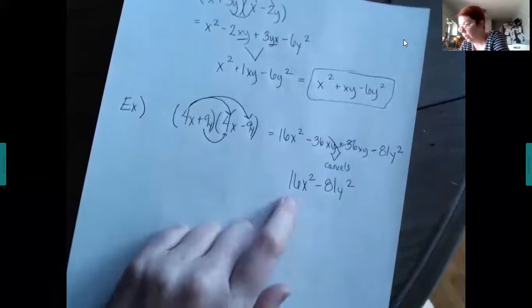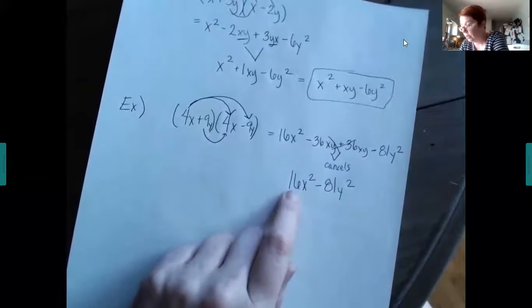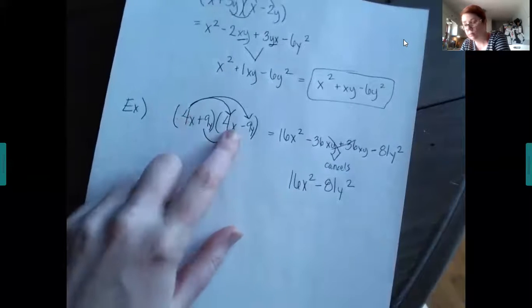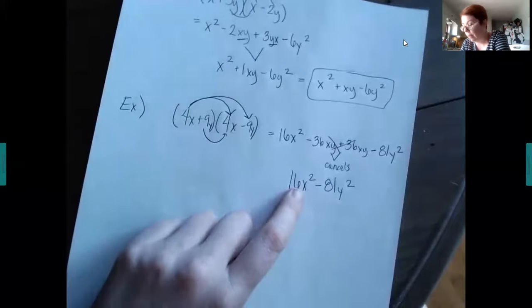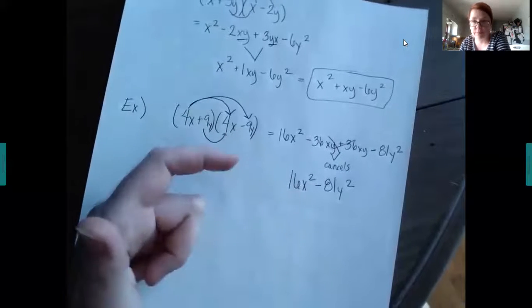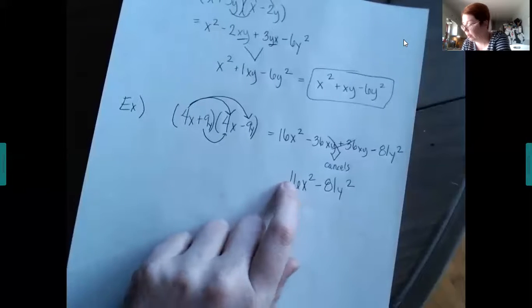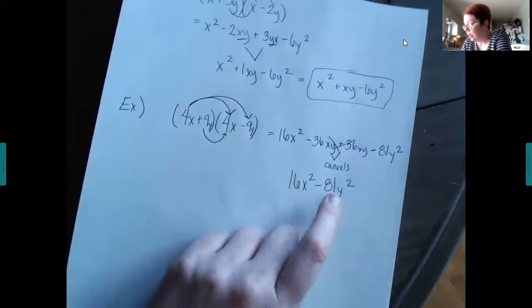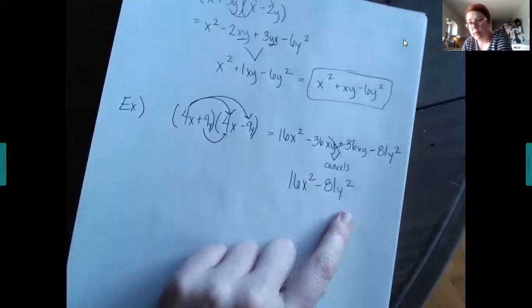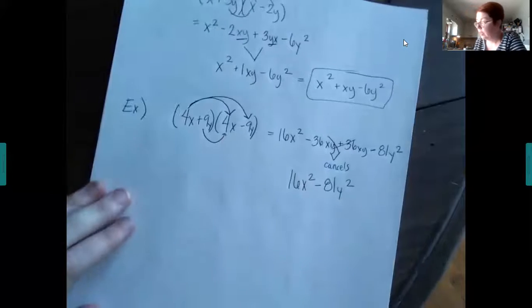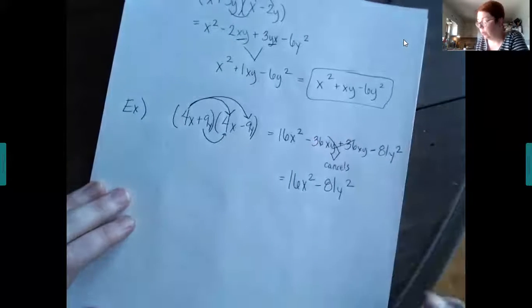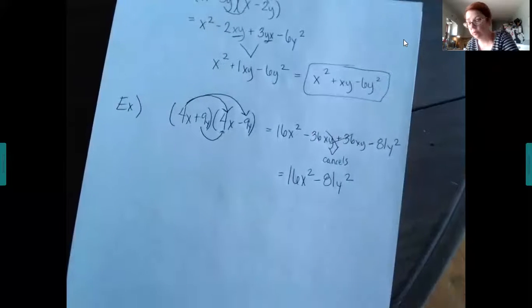So here again is a difference of 2 squares. 16 we get from 4 times 4, so that's a perfect square. x times x, so x squared is literally in the name. And 9 times 9, 81 with a y squared. So again, this is a perfect difference of 2 squares.